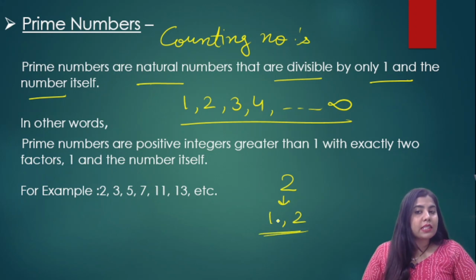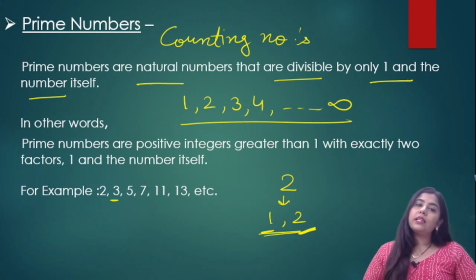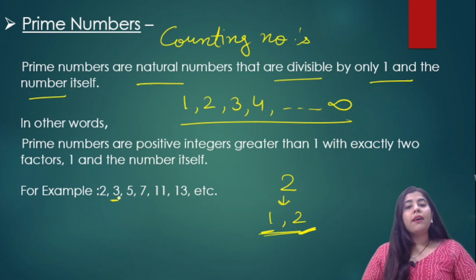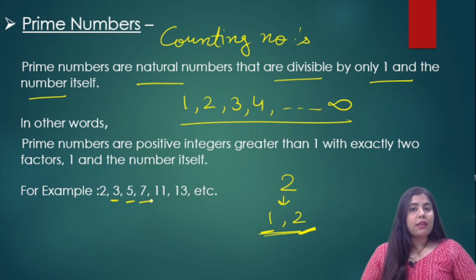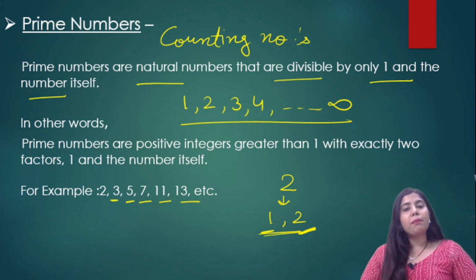Means only 1 is the factor and that number itself is the factor. Similarly, 3, it also has two factors, 1 and 3, so it is also a prime number. 5, it also has two factors, 1 and 5 only, so it is also a prime number. Same 7, 11, 13, etc. These all are prime numbers.